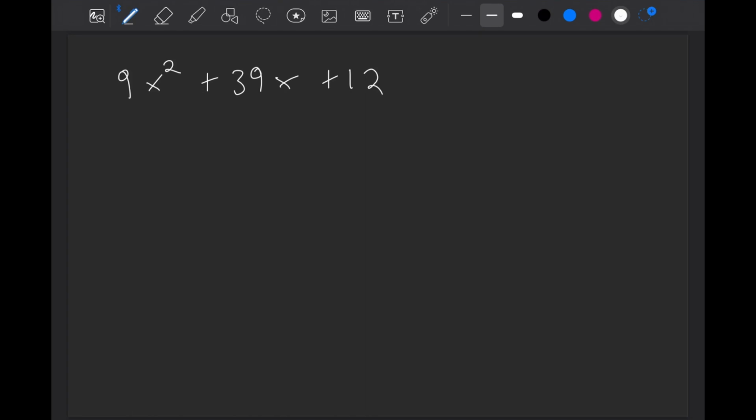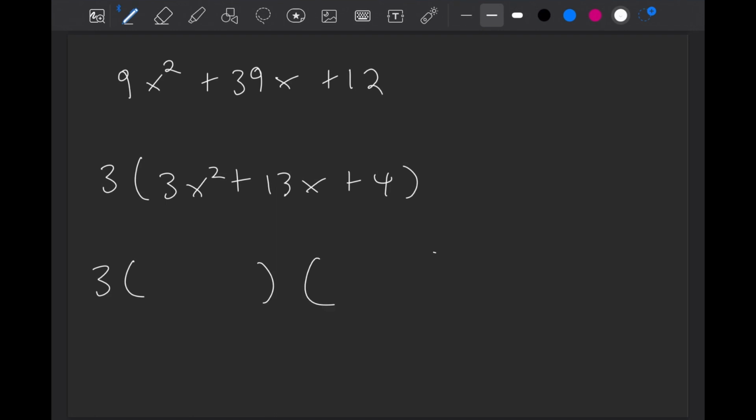In this one, it's a good idea to remove the 3 because we can divide all the terms by 3. We get 3x squared plus 13x plus 4. To factor this, I'm again going to use guess and check. To get the 3x squared, the only way I can do that is with 3x times x.